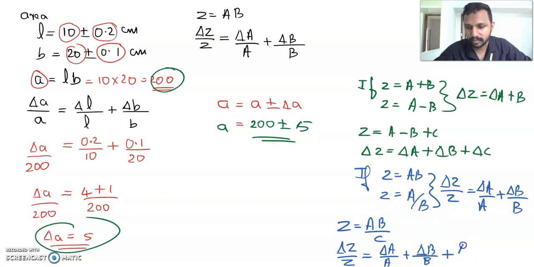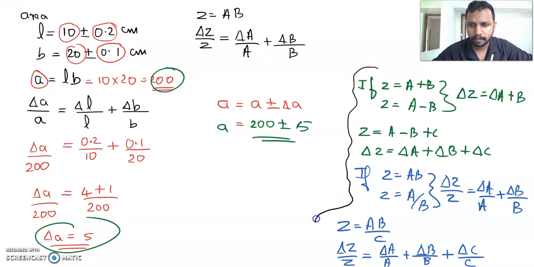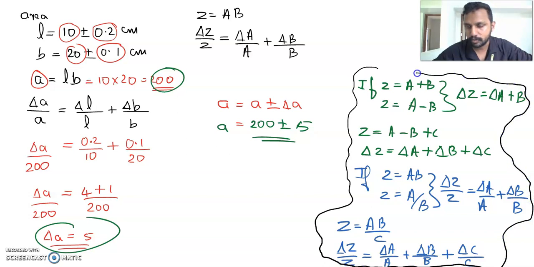Therefore, it's plus delta C by C. Okay, you should remember these formulas. They are very much important in the case of entrance and board exams. Many questions are asked regarding these formulas.